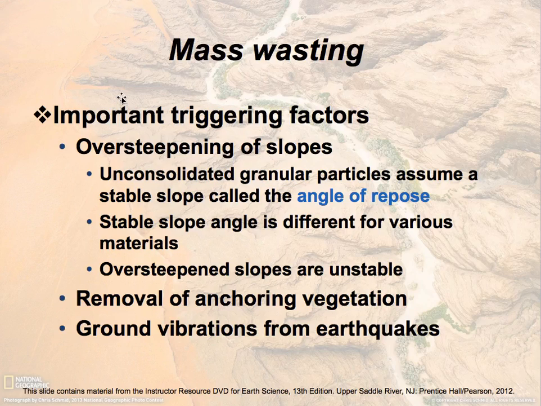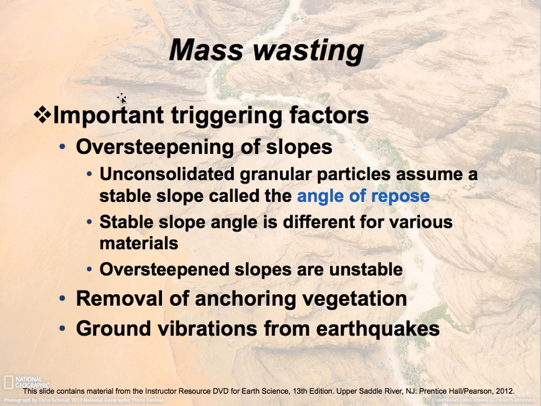And that's because of the way those grains interact with each other, how they grab onto each other and fit in and snug themselves in tightly. Angle of repose is different for different materials and different minerals, and can influence whether a material can accumulate onto a slope or whether it gets to the point where it just comes tumbling down that slope in a mass wasting event. Vegetation can oftentimes prevent or influence mass wasting.